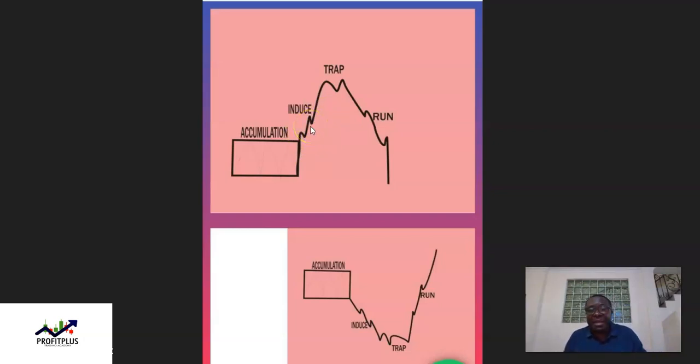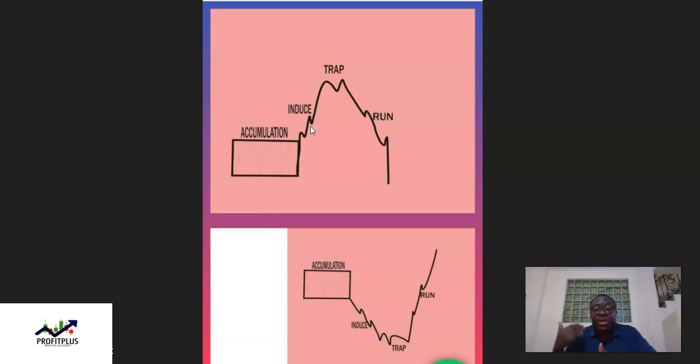The market makers, that's big institutions, their objective is to deceive you, to induce you, to make you see some market moves that will entice you to take a trade in that direction. But for that day, that is not the direction the market will go. It's all about deception, so that's why it's called inducement. They will induce you by showing some breakout in a direction, then you think, oh, price is going to go in this direction.